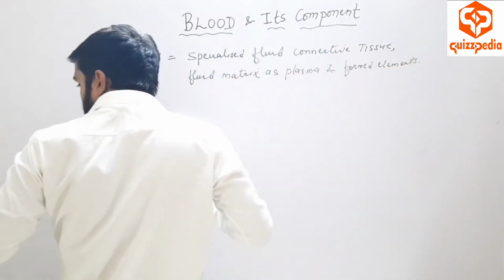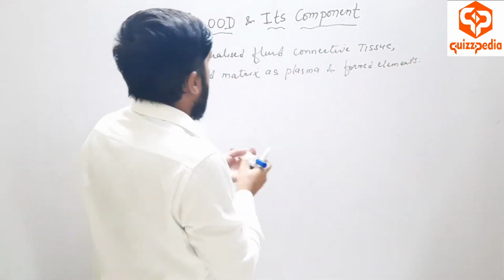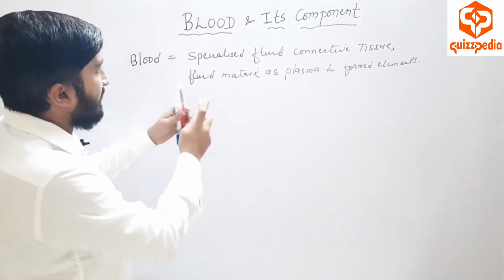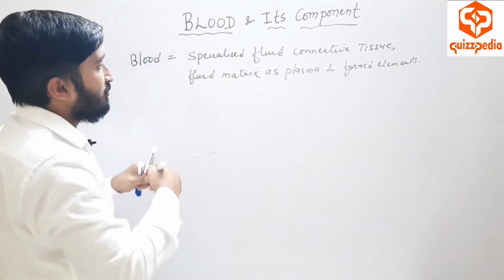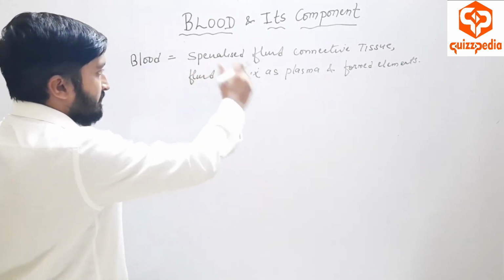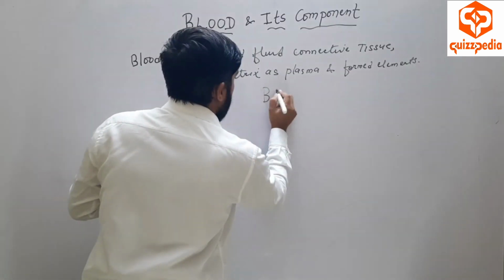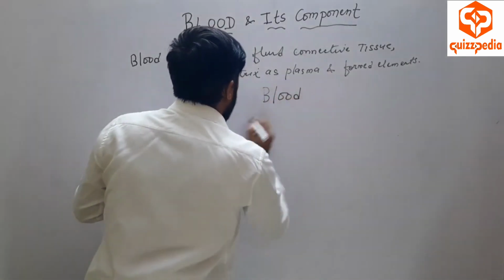So now, according to the definition, the blood contains two parts, that is plasma and formed elements. Now I am going to give an overall view of all the components of blood.